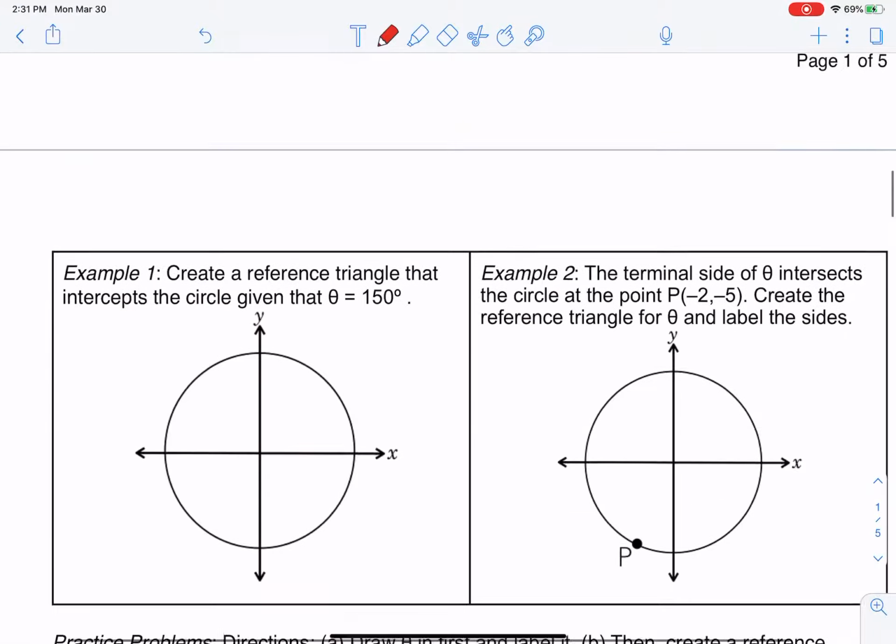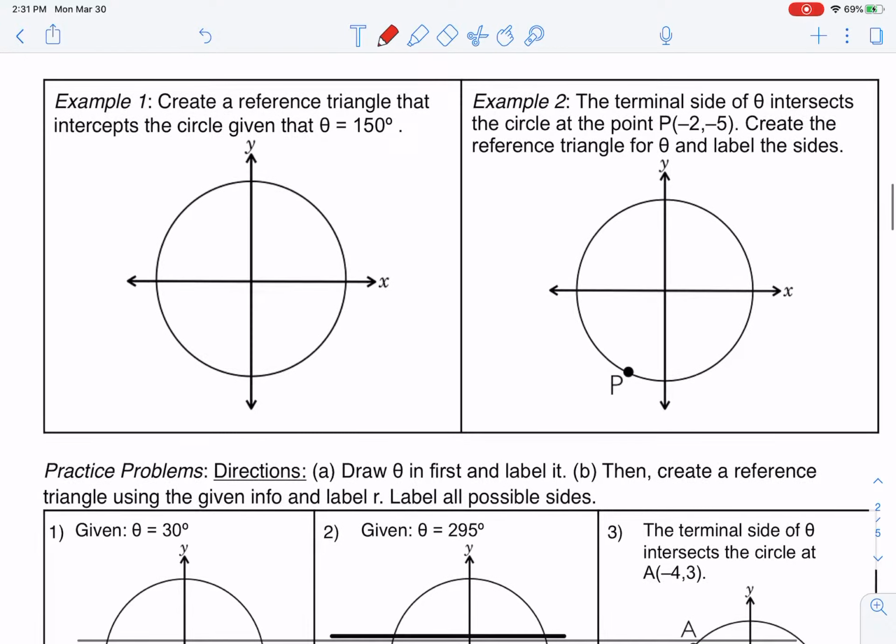Okay, so let's look at how we would use this in a variety of problems. In example 1, we're told that we need to create a reference triangle that intercepts the given circle, given that theta equals 150. I'm going to start off by drawing in my guide angles, or my quadrantal angles, just so I have a sense of where these angles are on the circle.